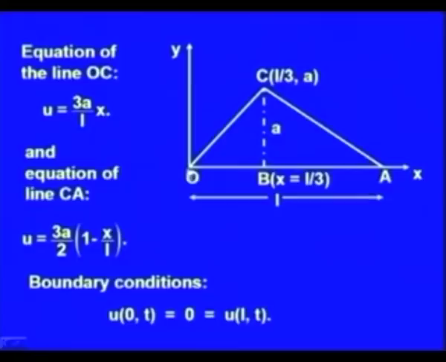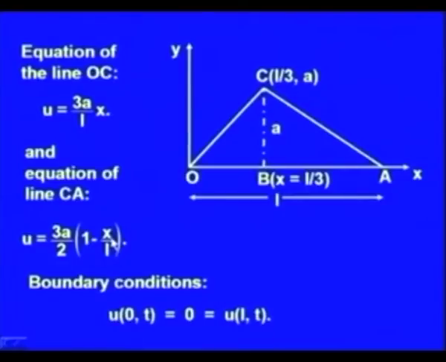At x equal to 0, we know that u is equal to 0, and at x equal to L by 3, we are given that the height of the triangle is A. So, u is equal to A at x equal to L by 3, and therefore, the equation of OC is u equal to 3 A over L into x. Similarly, the equation of the line segment CA will be u equal to 3 A over 2 into 1 minus x by L.